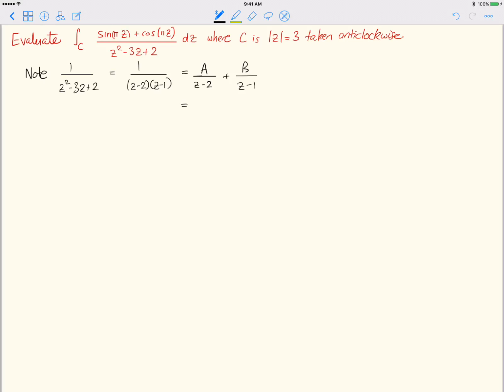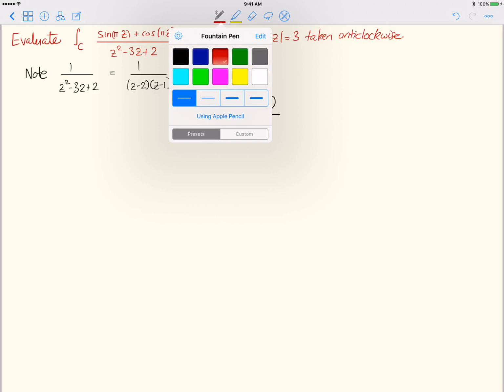So if you add these two fractions together, you'll get A(z minus 1) plus B(z minus 2) all over (z minus 2)(z minus 1), right?